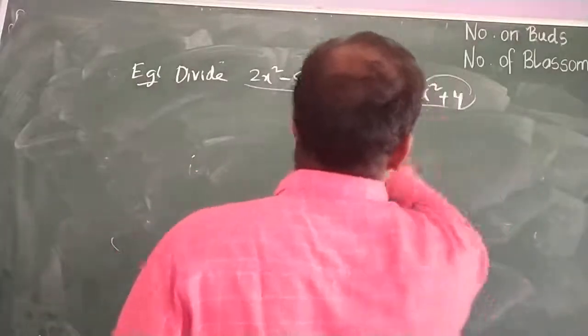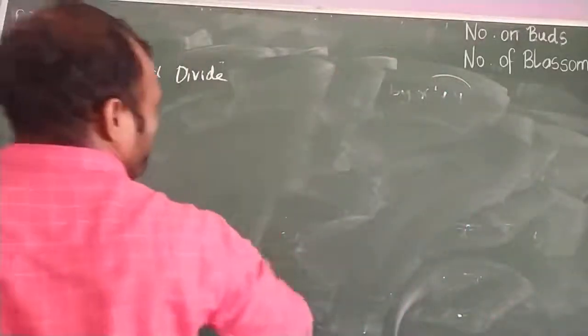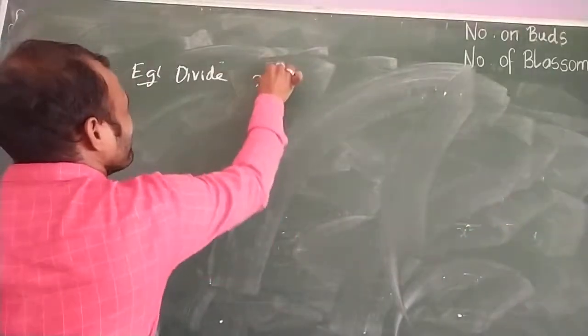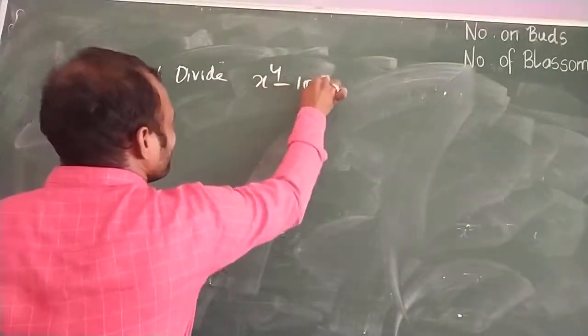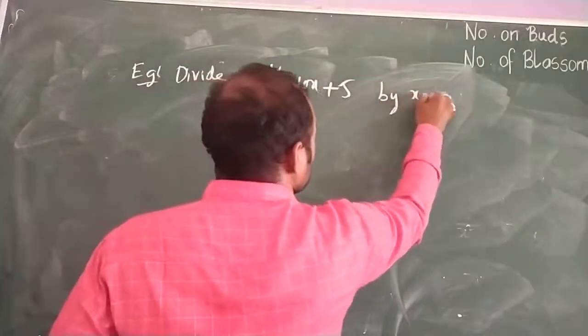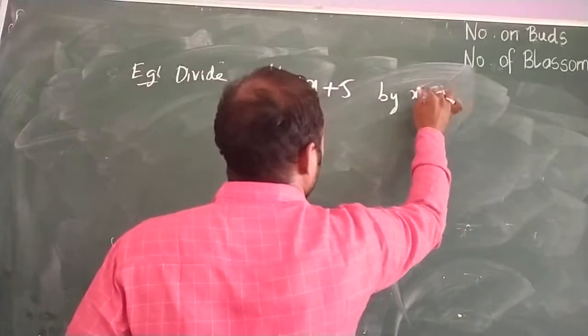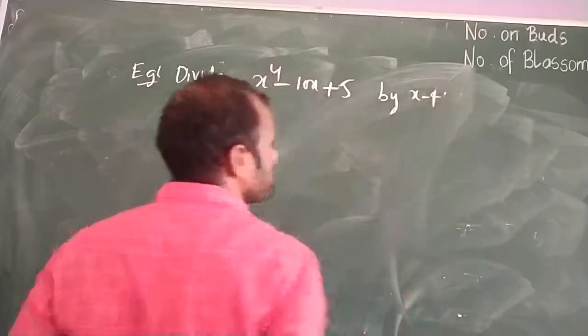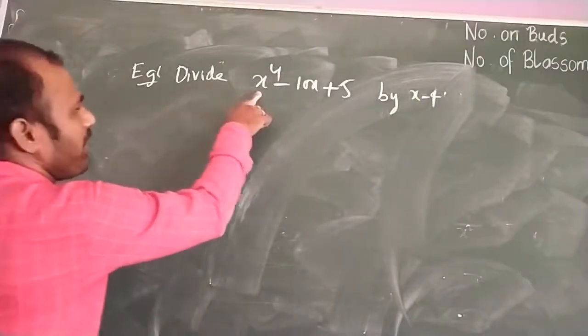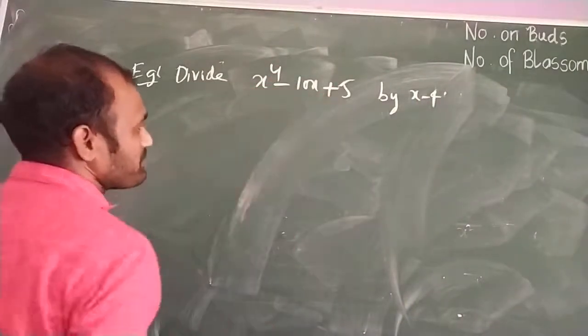Now let us take another question based on the same type. Divide x power 4 minus 10x plus 5 by x minus 4. Let me give you this example.